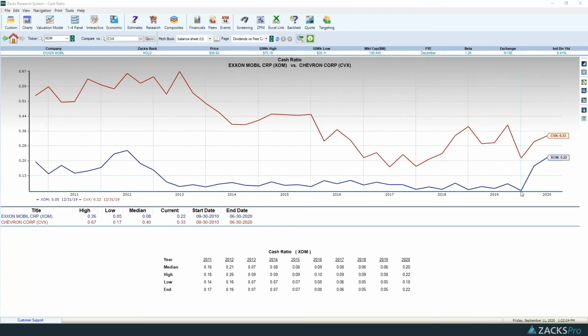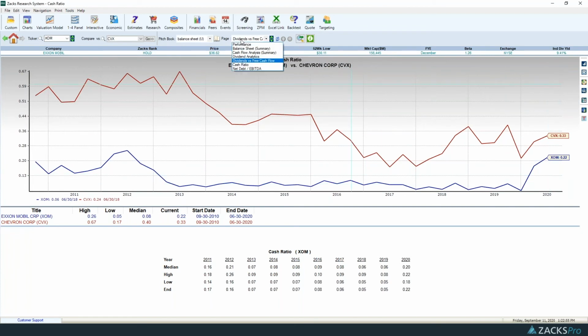And you can see that the cash ratio was basically at a 10-year low, basically down to 5%, 5% versus Chevron at 22%. So again, Chevron was in a much better financial picture from a balance sheet point of view heading into this crisis. And again, this cash ratio is just basically cash divided by total current liabilities.